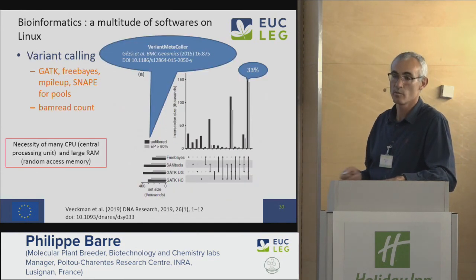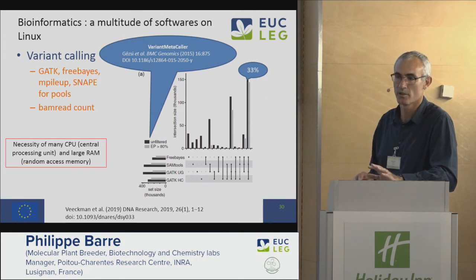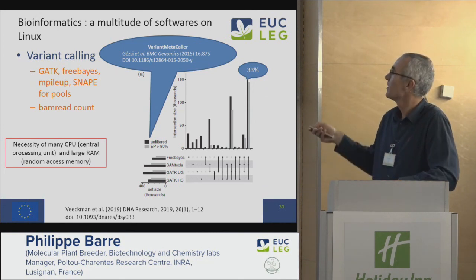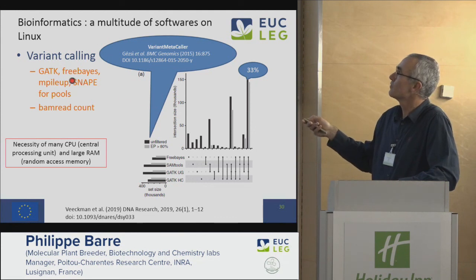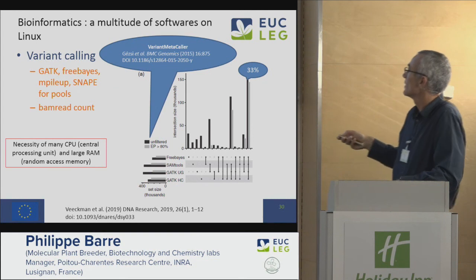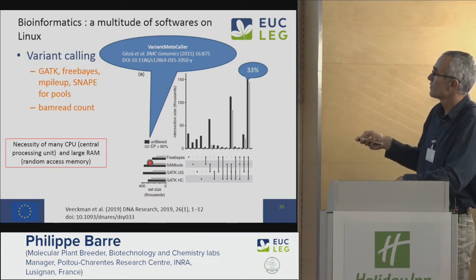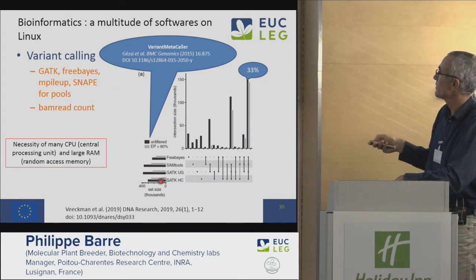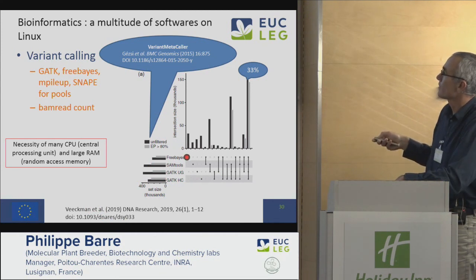And it's the same with variant calling. I think it's worse with variant calling. So when you have different variant callers like GATK, Freebayes, or others, and here again in the article of Elisabeth Wickman, she compared different variant callers.